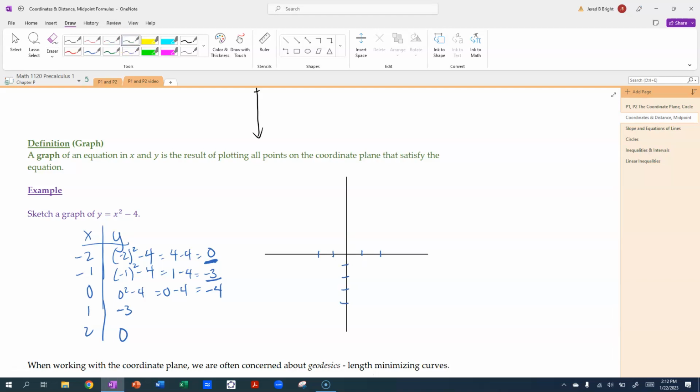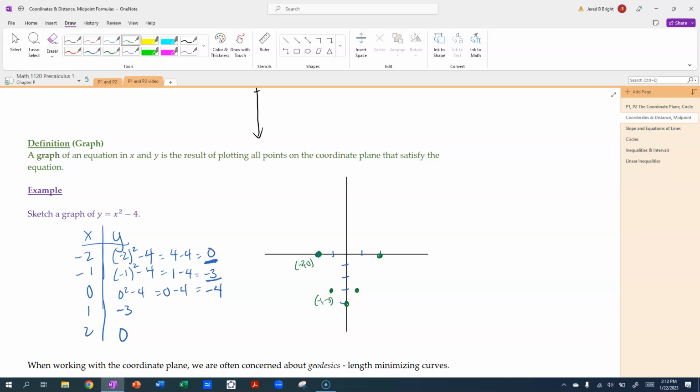So I'm going to go 2 units to the left in x, -2, and then 0 for the y, -1 in the x, -3 in the y, 0 in the x, -4 in the y, 1, -3, and 2, 0.